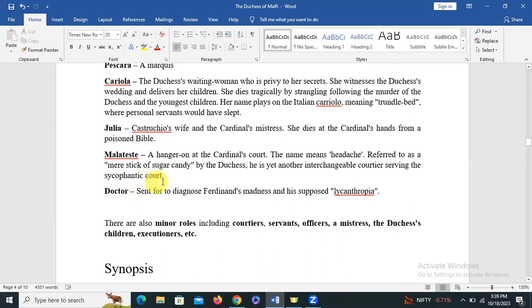Now the word sycophant is for people who praise their dukes or duchesses in order to get their favor, and that praise is not from their heart. They just want to get their personal benefits from them. That is the word which we use, sycophant. So hangers-on are also a kind of sycophants, right?